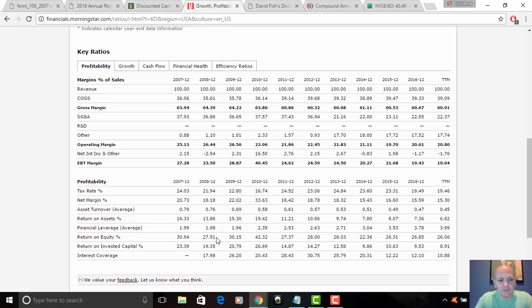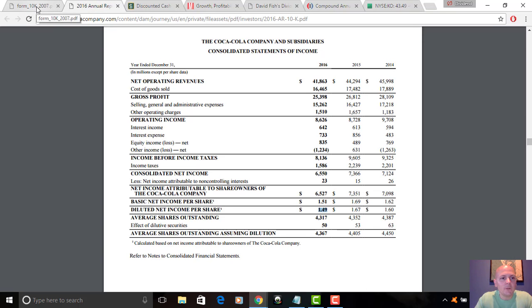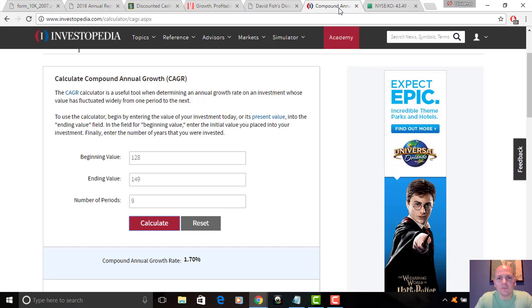Profitability compression in general. You see return on equity dropping, ROIC dropping. So not terribly surprising. Nonetheless, we see where the growth is at. We've got revenue growth a little over 4%. We've got earnings per share growth a little under 2%. So it's a mature business, not growing, probably not what we'd like to see.